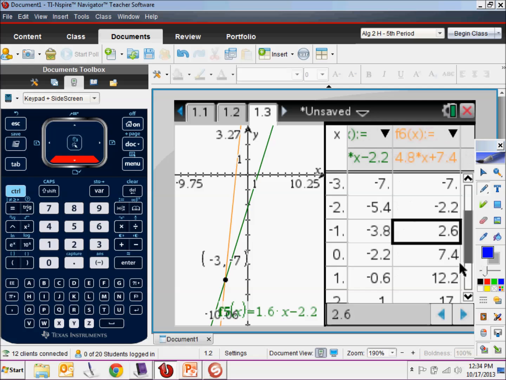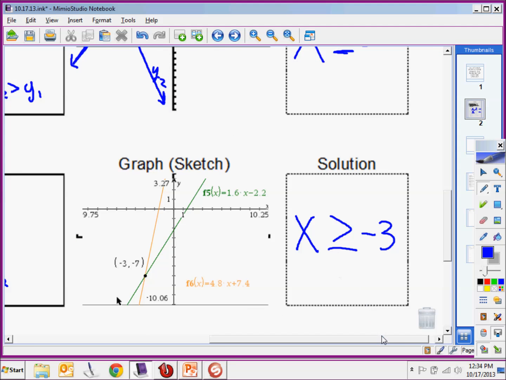And it's still getting smaller, still getting smaller. As these values are getting smaller, what is my x value doing? It's getting larger. So we use what symbol? Greater than. It's when it's greater than -3. And there you go.